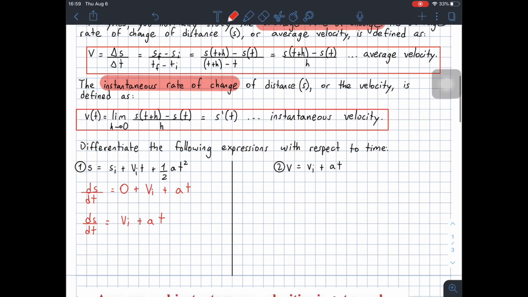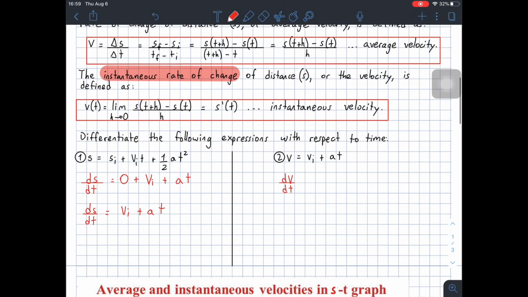Then, what happens if I find the derivative of the velocity formula? I want to find the derivative of velocity with respect to time. T is our x variable here. So this would be equal to, the initial velocity is a constant number, so the derivative of a constant number is 0, plus the derivative of at would be a, right?